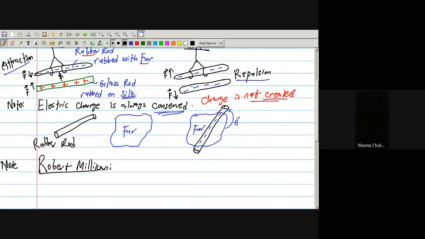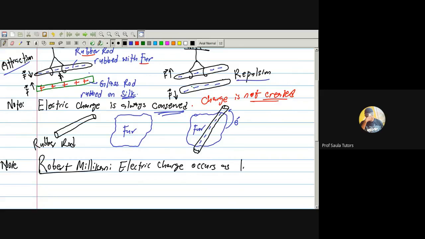Take note that he explained that electric charge occurs as integral multiples of this electronic charge e, which is 1.602 times 10 raised to the power minus 19 coulomb.